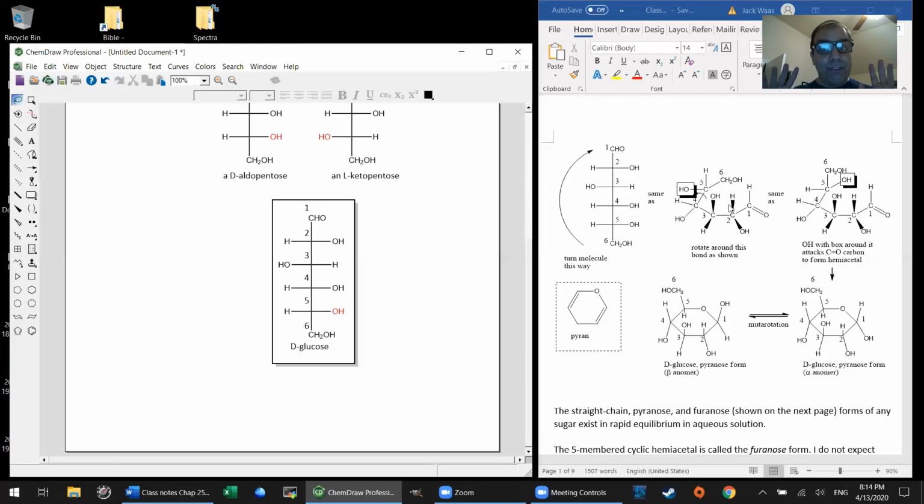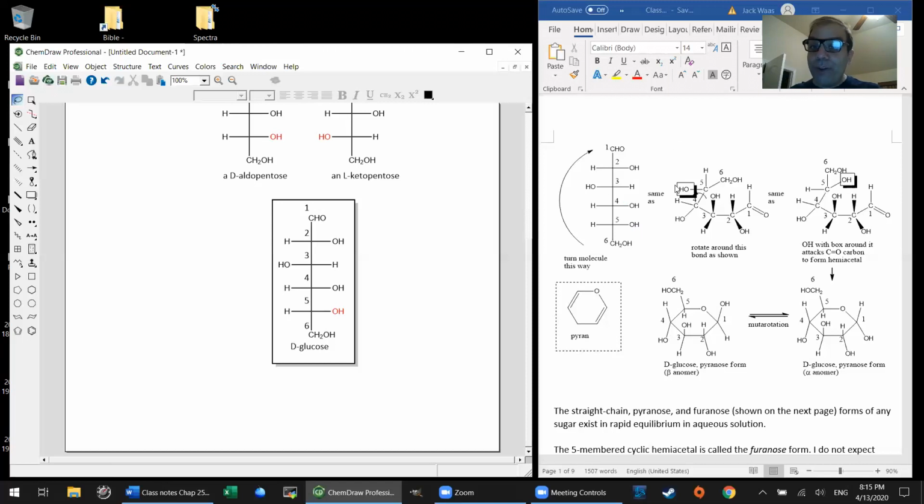Now, some students have told me that they've cracked that code. Again, I just find the whole thing utterly boring. And so I apologize. Again, I think it's a defect in my thinking. Maybe I'm just too willing to believe that these are the pyranose forms that correspond to this straight chain form, but that's the way it is.